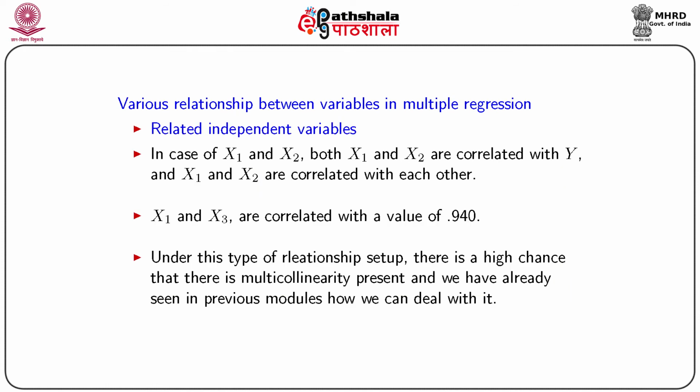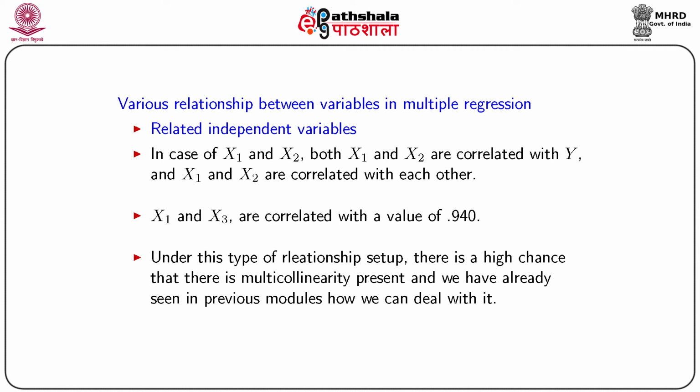Now let us look at the related independent variables. In the previous case, x1 and x2 were both correlated with y, but not correlated to each other. In the example data, x1 and x3 are correlated with y1 with values of 0.764 and 0.687 respectively. So each of them by themselves, x1 and x3, are strongly correlated with y1.